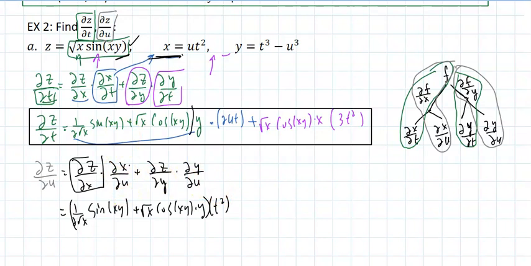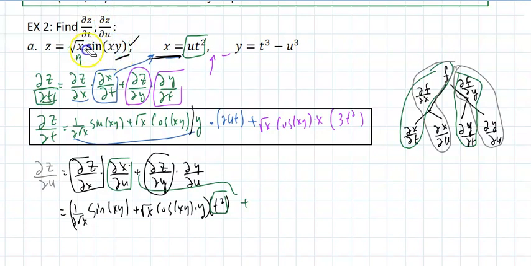So this right here is this right here, plus the partial of z with respect to y. Again, I cluttered this.